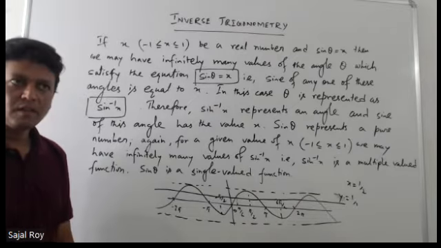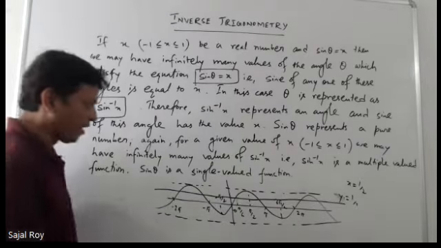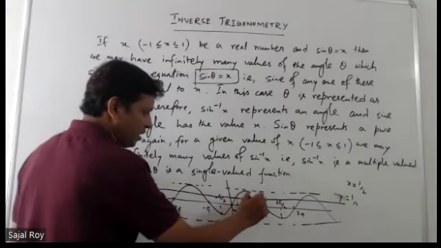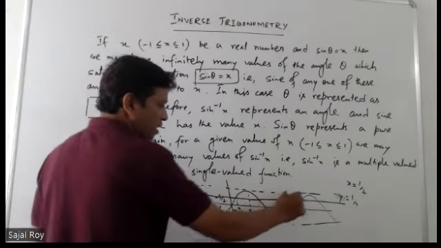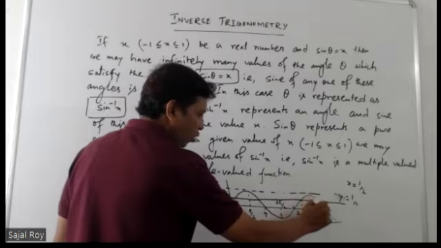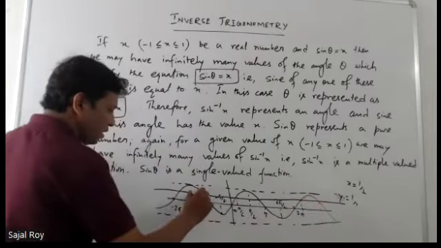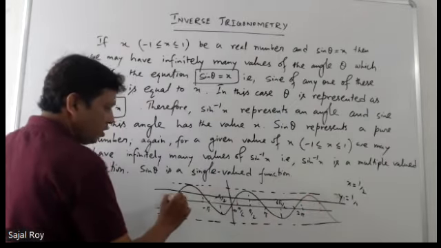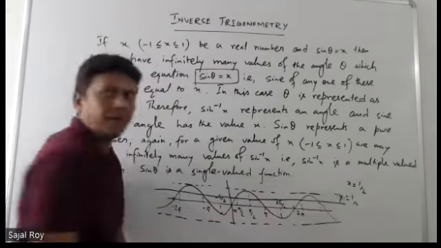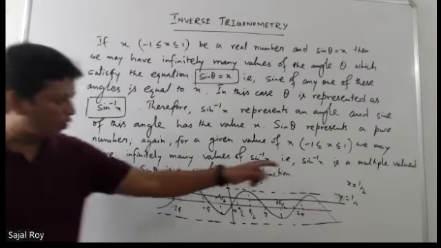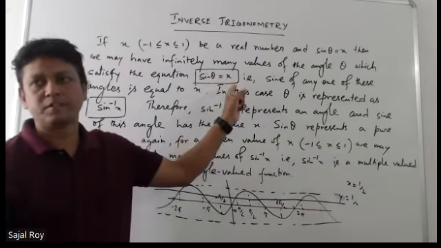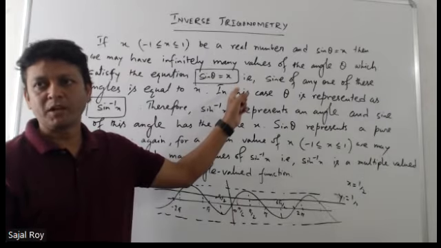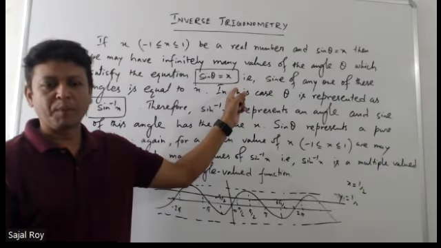There are infinitely many, because you have pi by 6. Then you have pi minus pi by 6, that is 5 pi by 6. Then so on, 2 pi plus pi by 6. This side you have negative values. So there are infinite number of values of theta for which the equation sin theta equals half is satisfied. Am I clear, everyone?